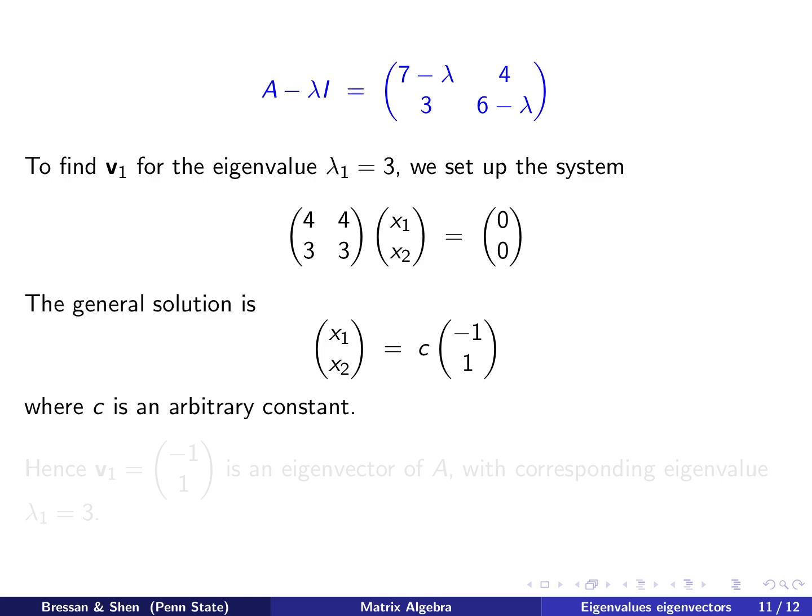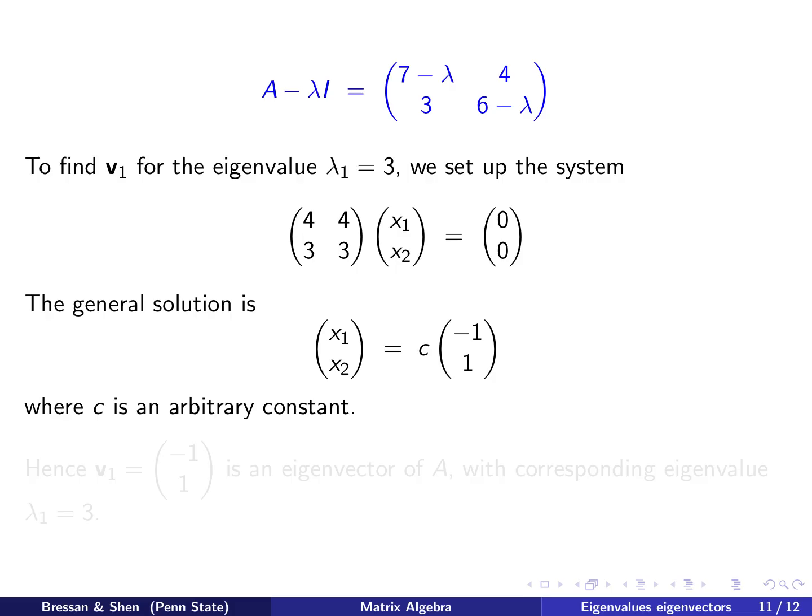We see that these two equations the system gives us are actually the same. You have 4x1 plus 4x2 is 0, and 3x1 plus 3x2 is 0. Those two are equivalent equations. Basically, you just have x1 plus x2 is 0. So there's an arbitrary constant here.